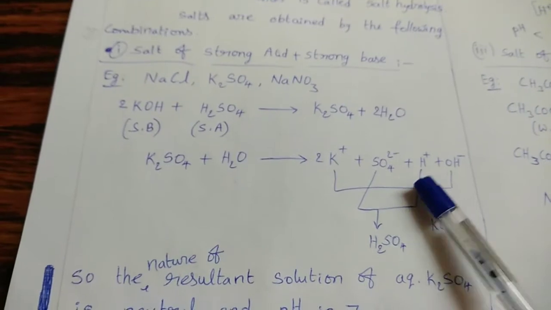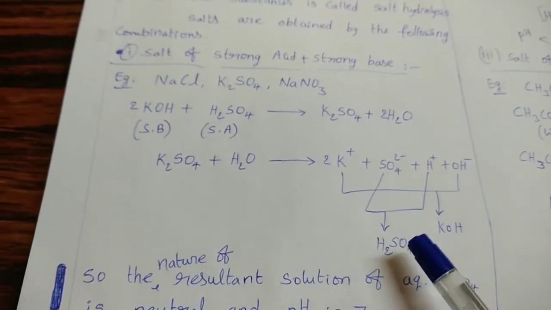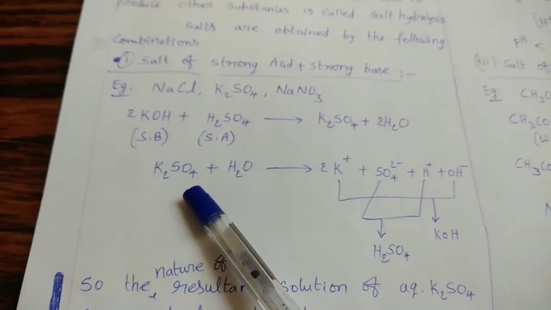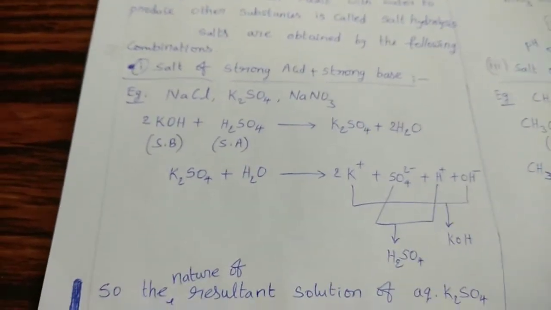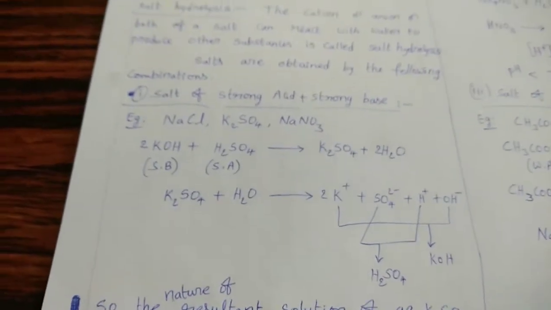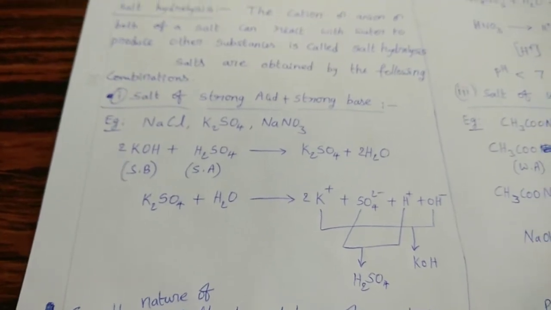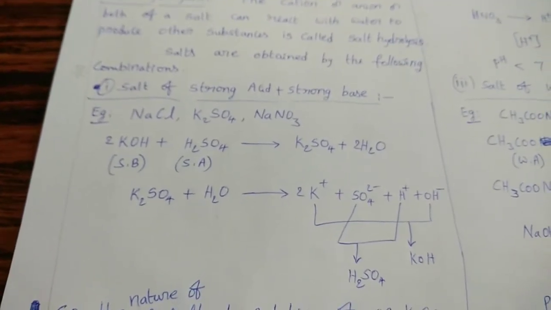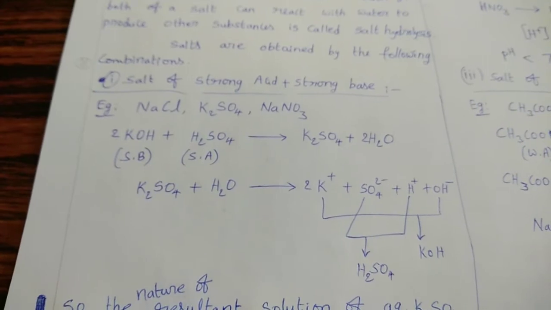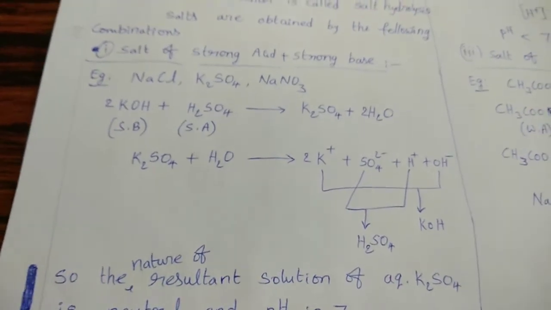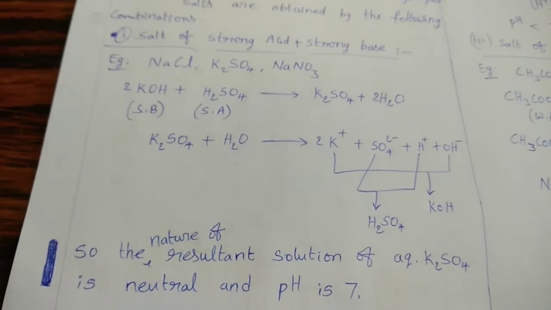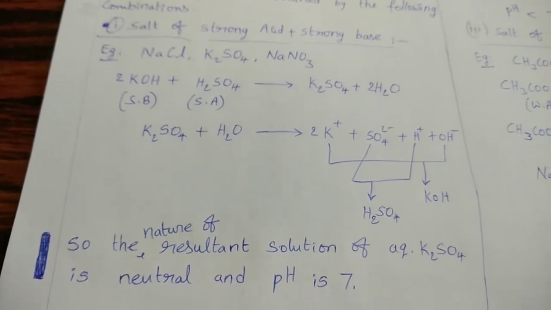Equal number of H+ and OH- ions are present when this type of salt is added to the water. So in simple sentence we can say there is no hydrolysis of salt in case of strong acid and strong base. Okay, so the nature of the resulting solution of aqueous K2SO4 is neutral and pH is 7.